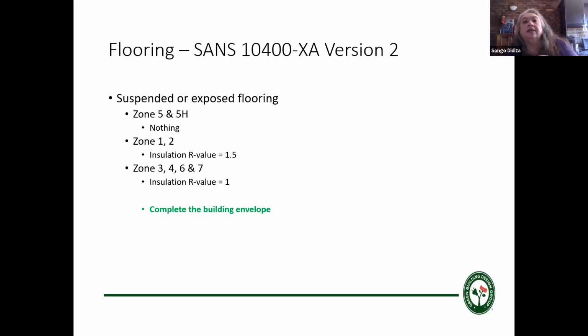An unexposed flooring is not going to cause too much heat gain. The benefit of it being open is much better for those areas. So in your area, with the new version of 10400XA, you don't have to worry about exposed flooring because it doesn't ask for it to be insulated.